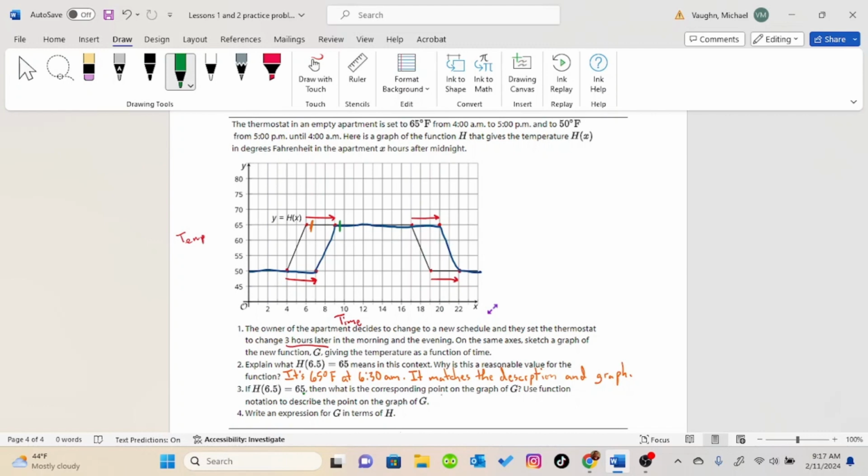So the corresponding point would be g of 9.5 equals 65. And we just wrote it using function notation like they asked for.